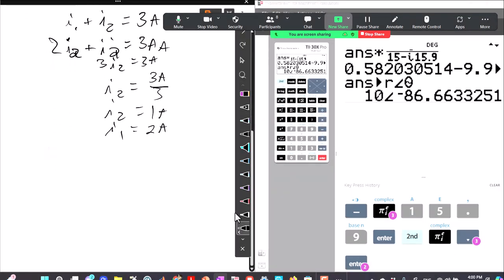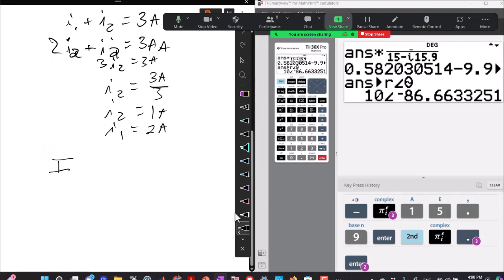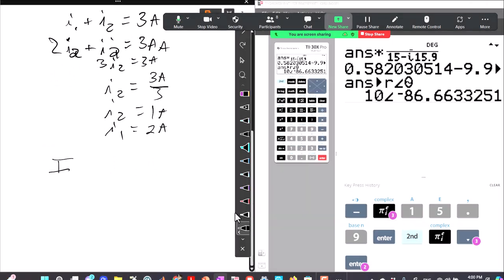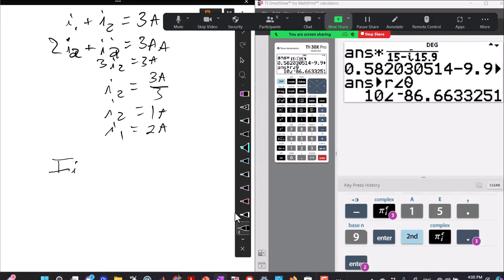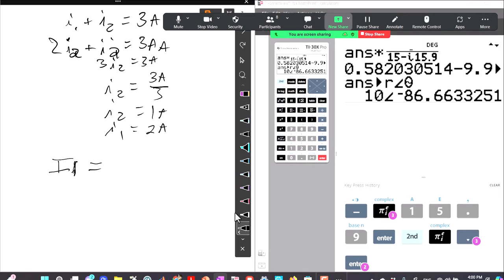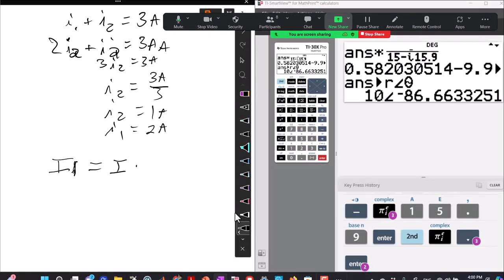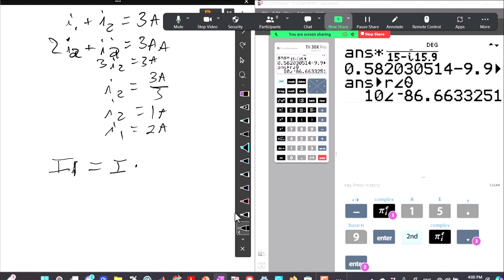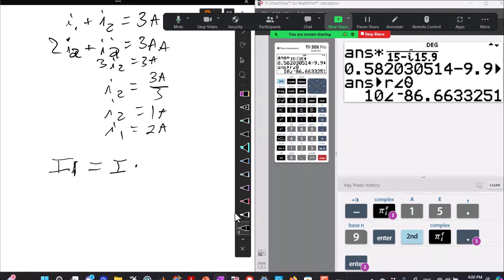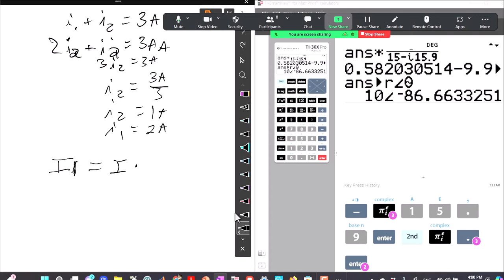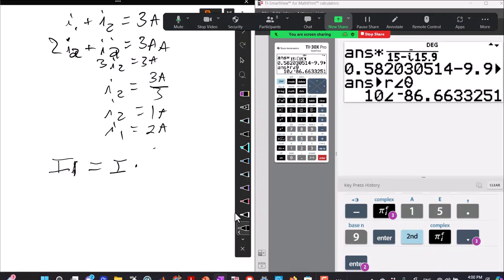And so the way I do current division, and the way it's done in the beginning of the circuits book, is you take I1 equals your total current times a proportion or a fraction of the total current based on the other resistor.